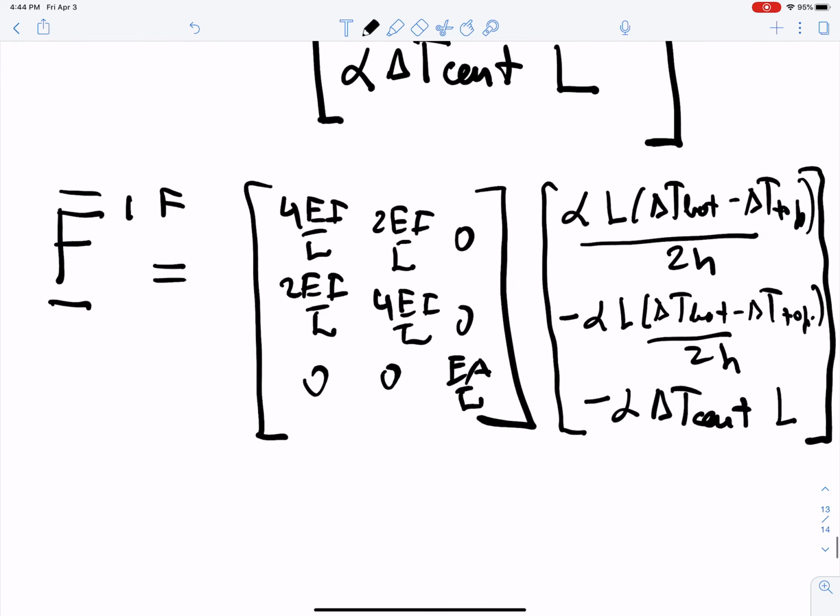So, to be more consistent now with the notes, let me flip the sign.